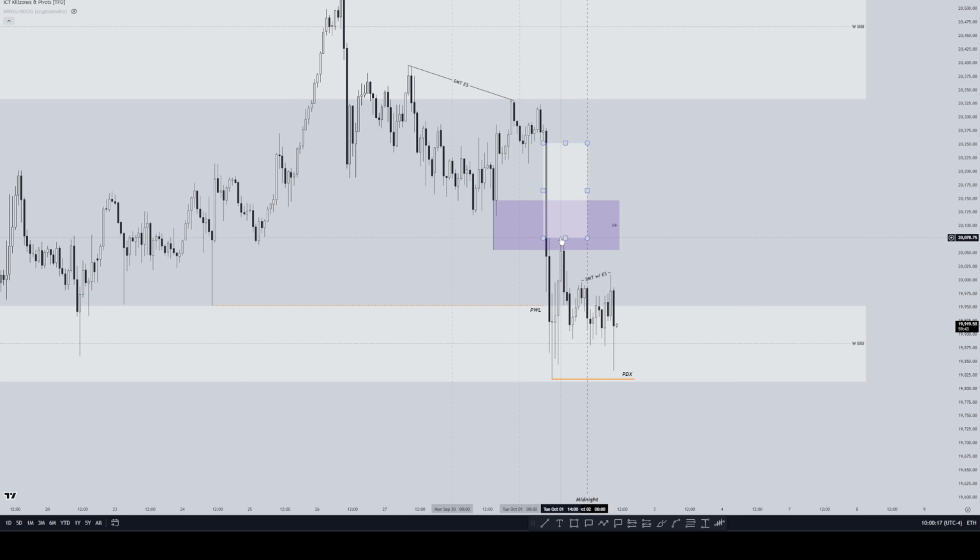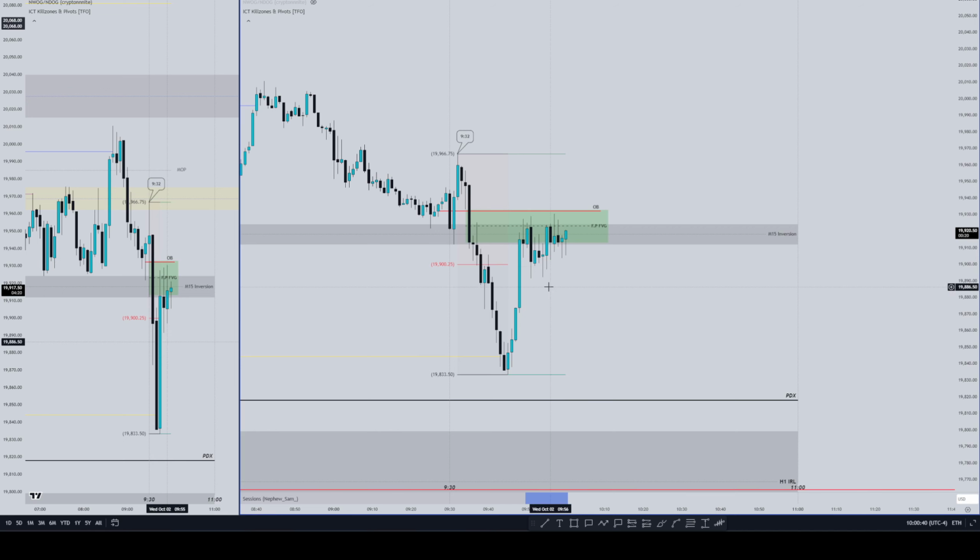So that's like the strongest kind of reaction you want to see off of an inefficiency. The weakest one would be where we're trading into it multiple times, spending a long time in there, closing above 50%, trading outside of it, trading back into the gap. It's losing its efficiency. Like, if we want to come back in here and fill it and then leave, the best would be if we spend the least amount of time in it.